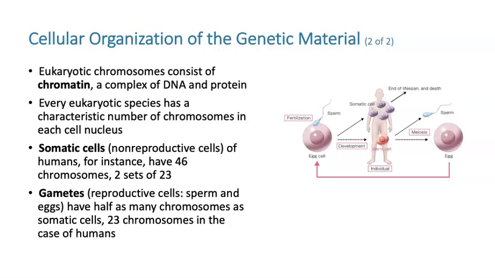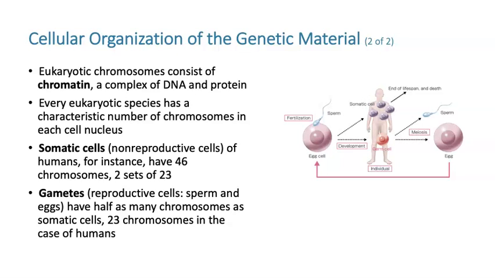Sorry, let me back up a second. Chromosomes consist of something called chromatin, which together with DNA and some proteins makes up the chromosome. So chromatin is a complex of DNA and proteins together. When you have that, you can say it's chromatin.